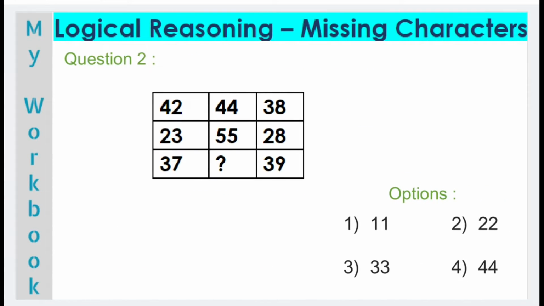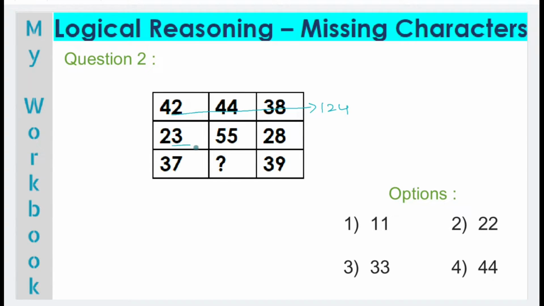Let's move on. Question number 2. Here again there is a rectangular grid. So we will find the row wise and column wise totals and check if there is any pattern. Sum of the elements in the first row, that is 42 plus 44 plus 38, will be 124.